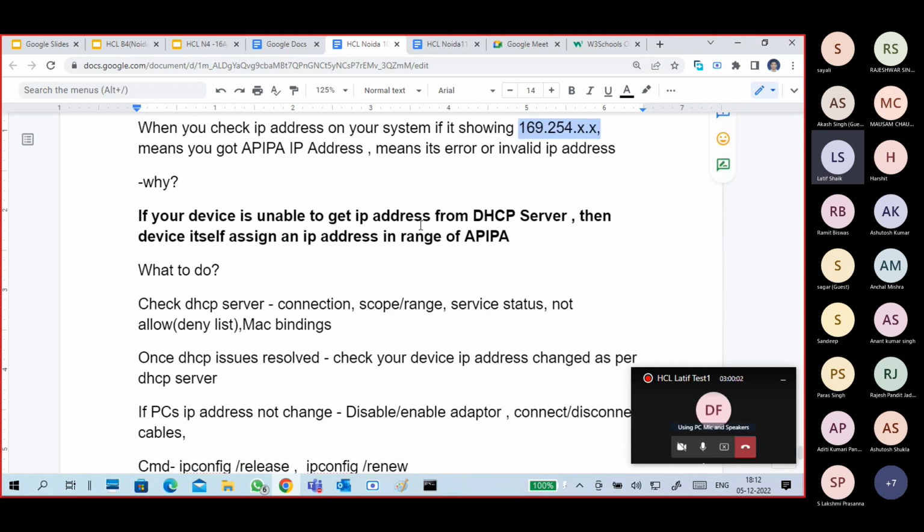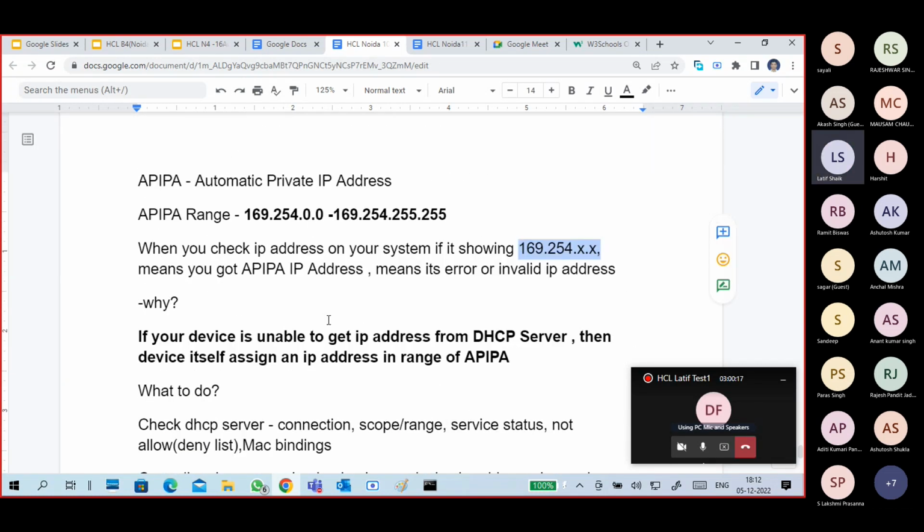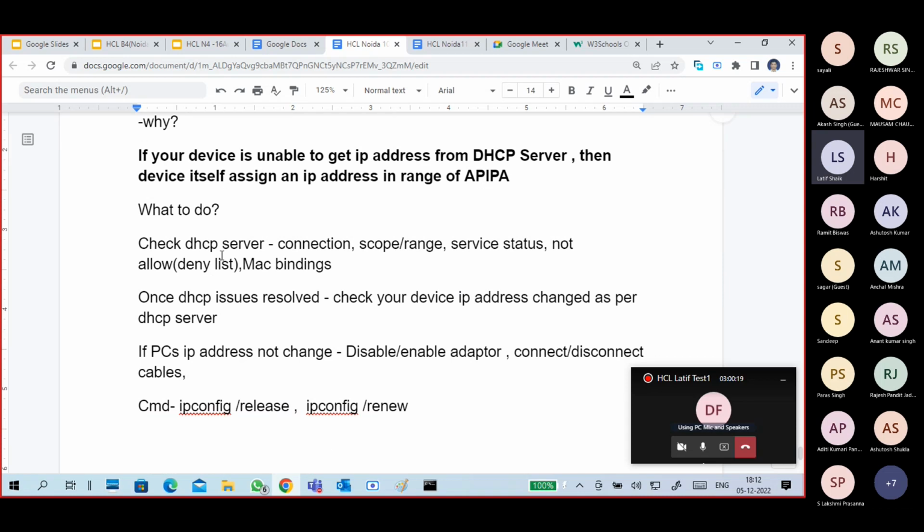Why are you getting that kind of IP address? The system tries to get an IP address from the DHCP server. If it fails, then your system takes an IP address from the APIPA range, automatic private IP address. What to do? Check your IP address, MAC bindings, any issues from the server side, and try to resolve them first.